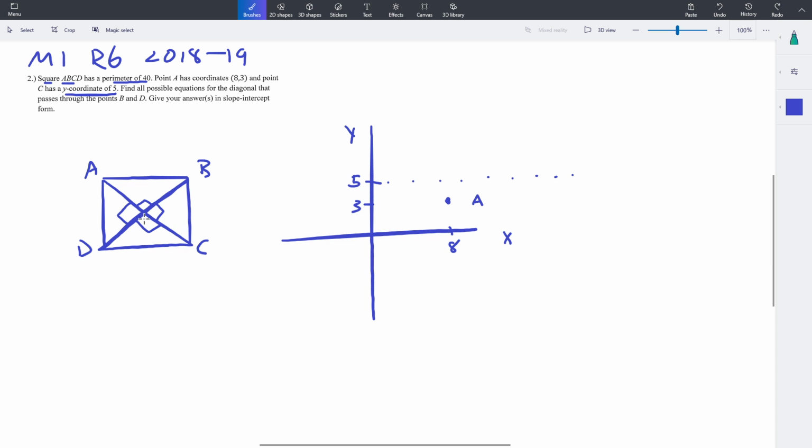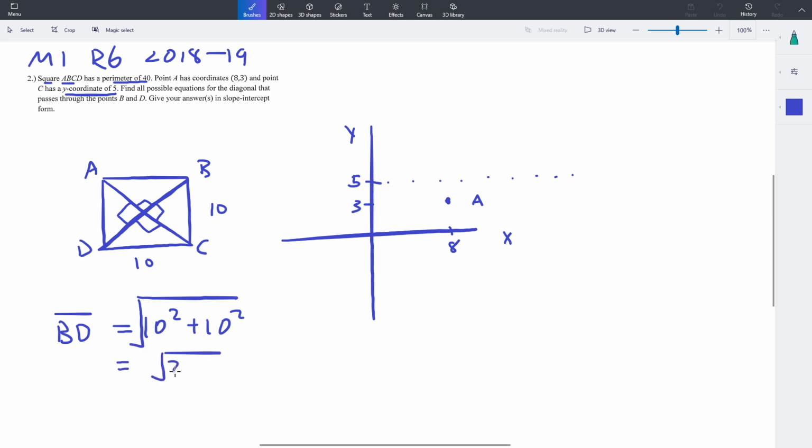And by the way, let's try to find the length of that diagonal right now, or both diagonals. So this is 10, and that's also 10. So CD and BC are 10, and that means that BD, that line segment, equals the square root of 10 squared plus 10 squared. And that means that it's the square root of 200. Now, in most problems, you can usually keep the square root.